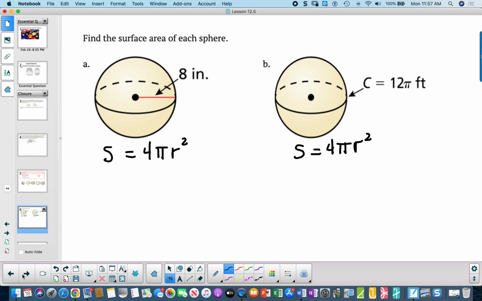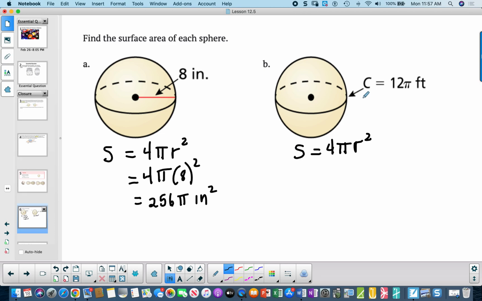Let's go ahead and find the surface area of the sphere here. So here's the formula. Write down the formula and then write down what the radius is. So this is going to be 256 pi, and this is inches squared because we're doing surface area. Here I need the radius. I don't have the radius, I have the circumference.